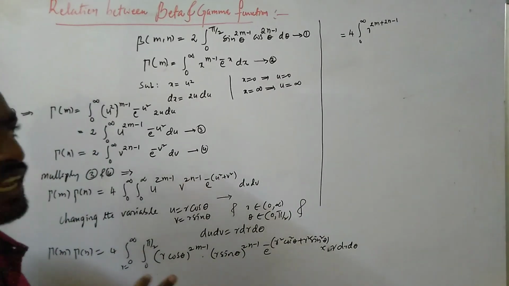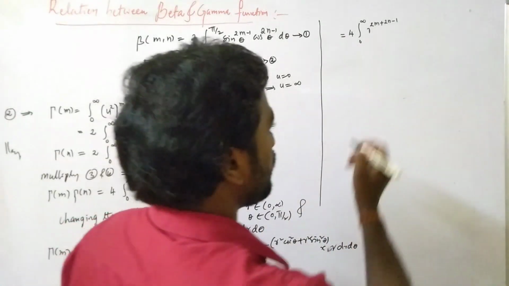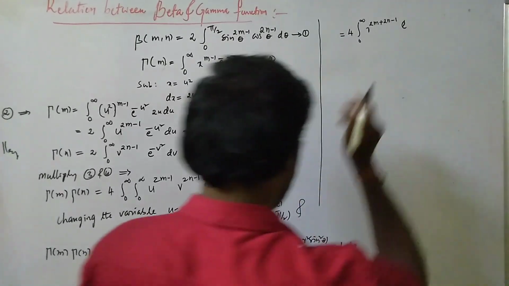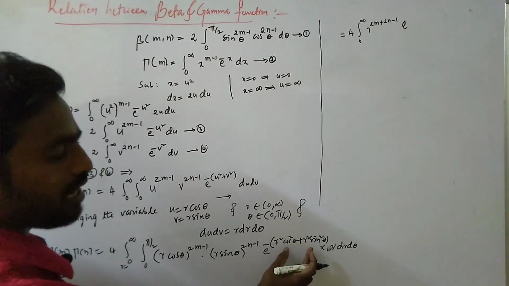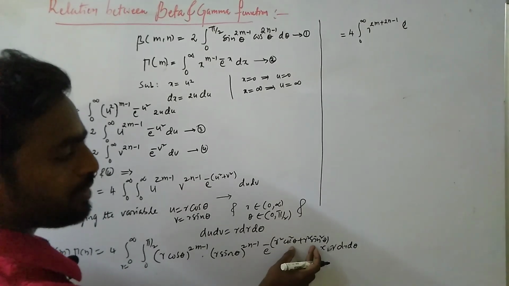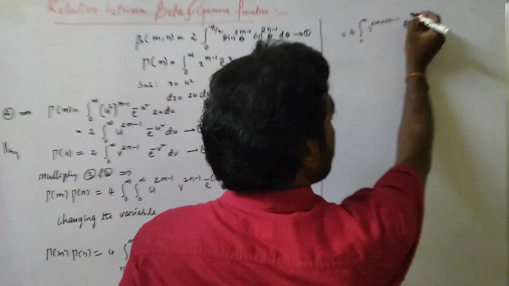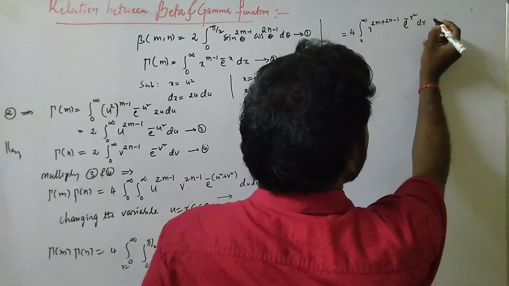So finally you get the power 2m plus 2n minus 1. Next into dr and e to the power of minus r square, where r square is the common term. If you take r square common, cos square theta plus sin square theta is equal to 1. Yes, which is equal to 1. We get e to the power of minus r power 2 dr as one term.